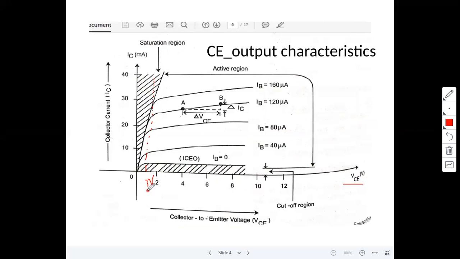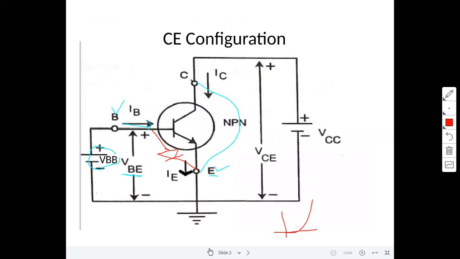So when the VC value is very small, 1 volt or less than 1 volt, in this case only it is saturation region. Now suppose this one is 2 volts, let us say, and this one is 0 volt.